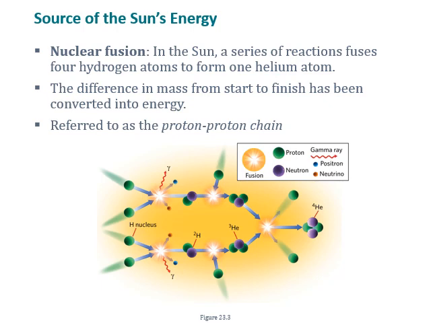The source of the Sun's energy comes from nuclear fusion. In the Sun, this series of reactions fuses 4 hydrogen atoms to form 1 helium atom. The difference in mass from start to finish has been converted into energy, and this is referred to as the proton-proton chain.